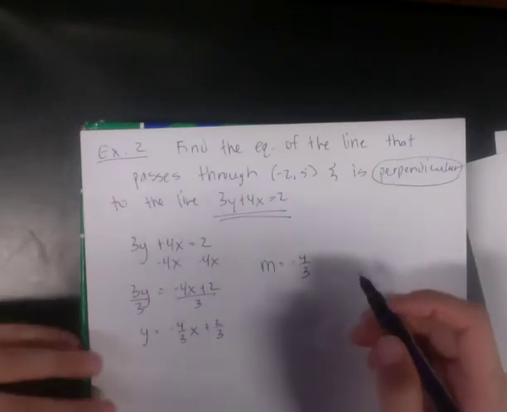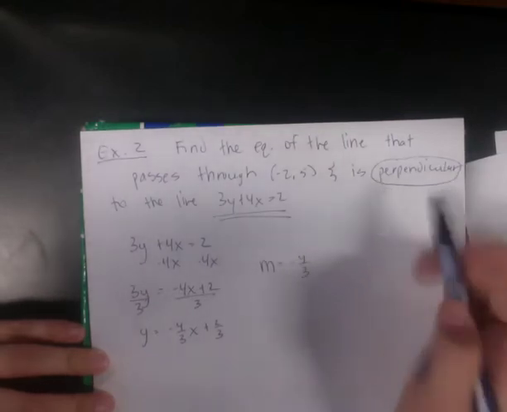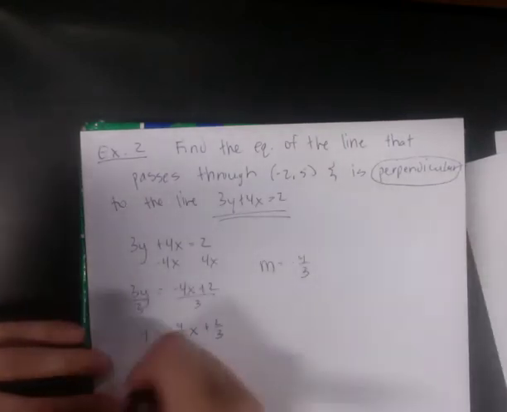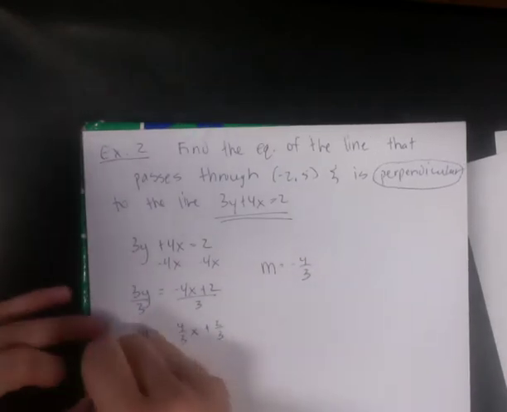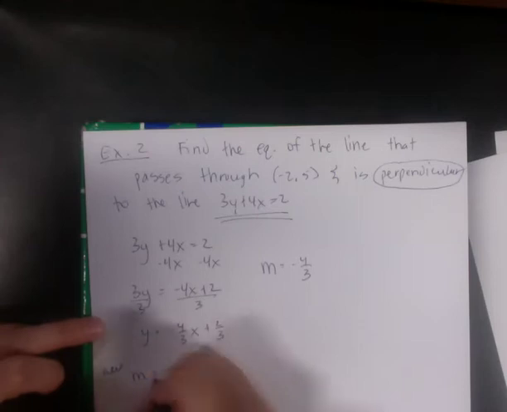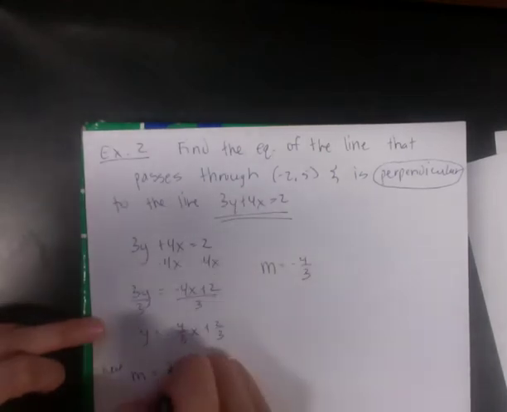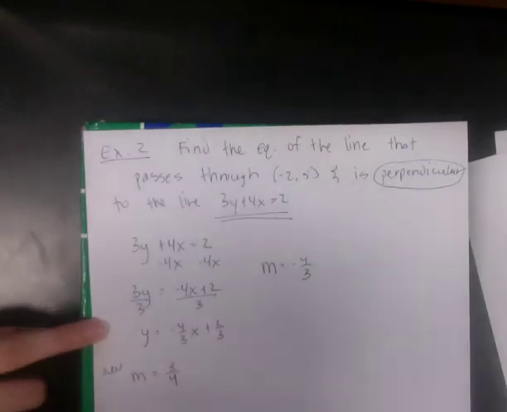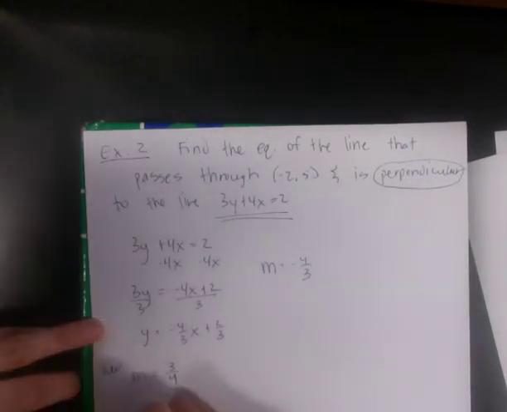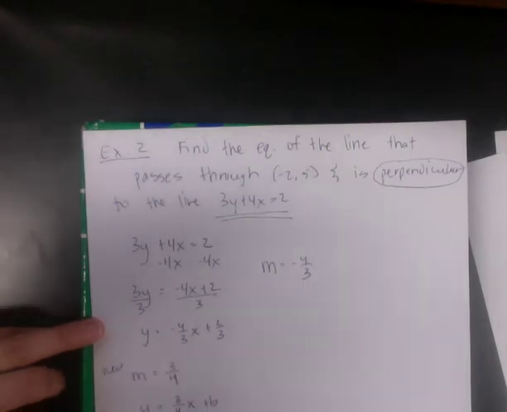It helps us remember parallel lines have the same slope, perpendicular we take the negative reciprocal. So my new slope will be the negative of this, so it becomes positive, and the reciprocal becomes +3/4.